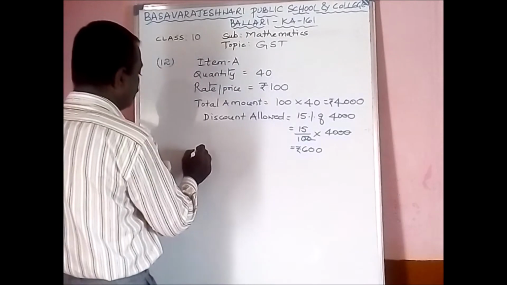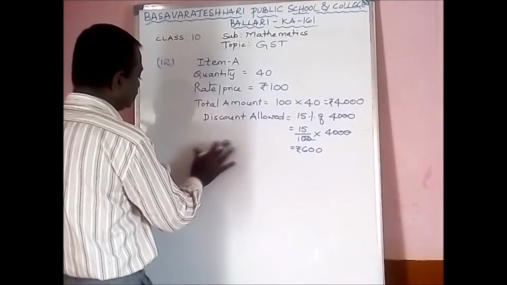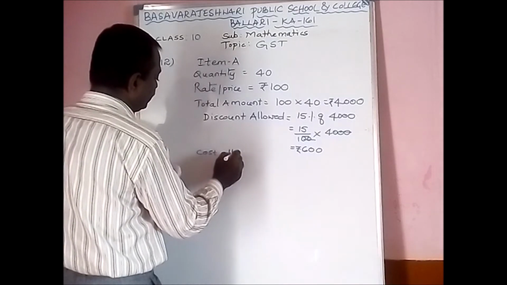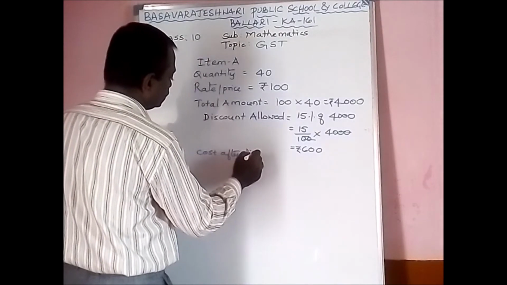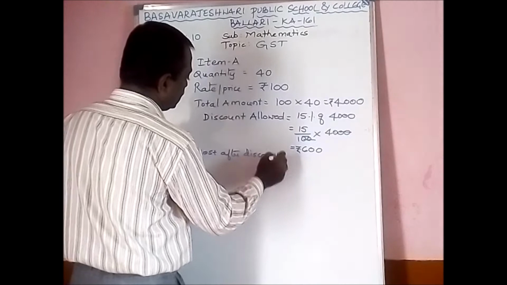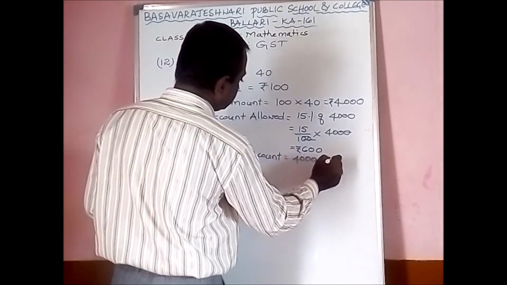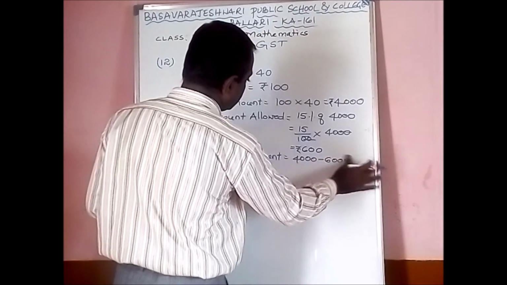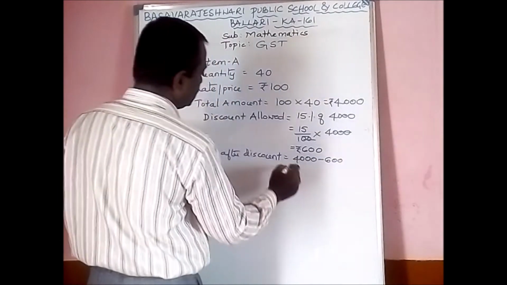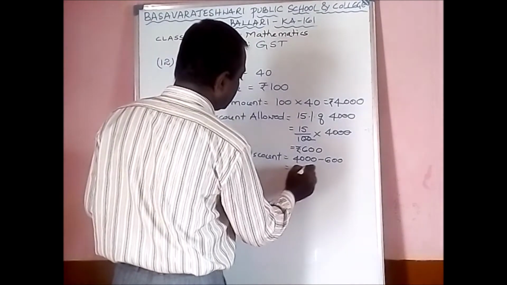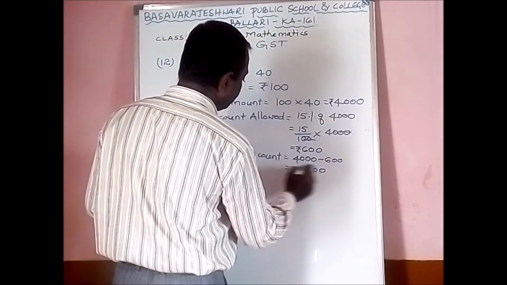Therefore, the cost after discount is equal to 4,000 rupees minus 600 rupees, that is nothing but 3,400 rupees.